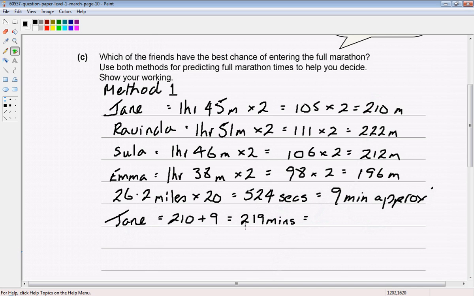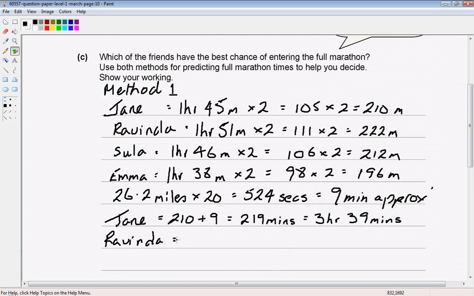Again, I need to divide this by 60. 360s are 180, so that's 3 hours, and 180 from this would give me another 39 minutes. So that would be her estimated time.